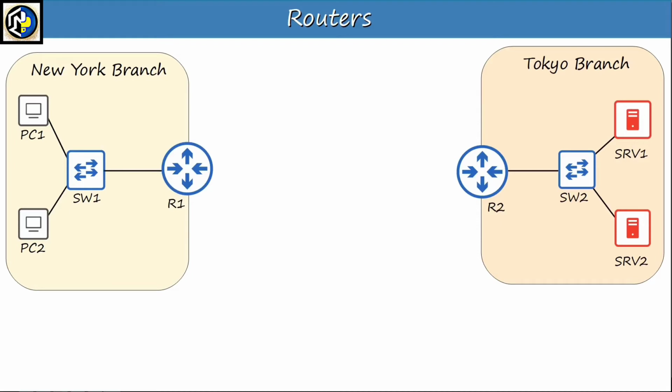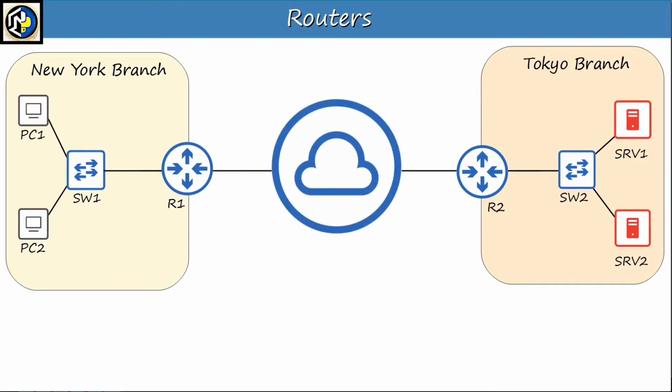That device is a router. We can connect the switches to routers like this, and then connect the routers to the internet. When end hosts in the New York branch LAN want to communicate with end hosts in the Tokyo branch LAN, they will send the data to their router, R1, which will then forward it to the Tokyo branch LAN via the internet.